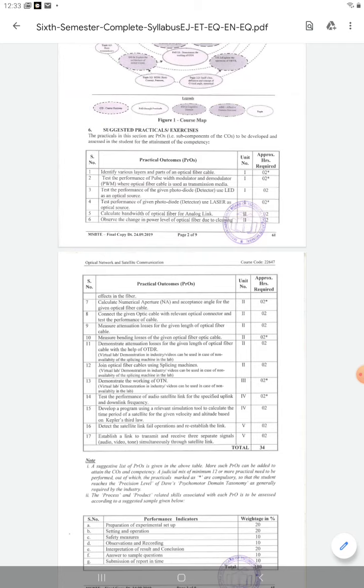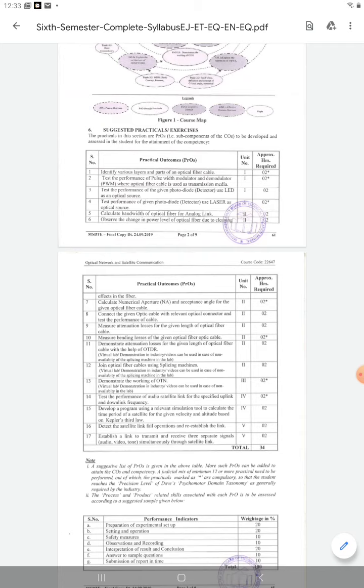Now, in today's practical lecture, we are concentrating on the total number of experiments we have to perform for the fulfillment of this particular course. Experimental setups are very necessary to understand the hands-on practice of the theoretical concepts.